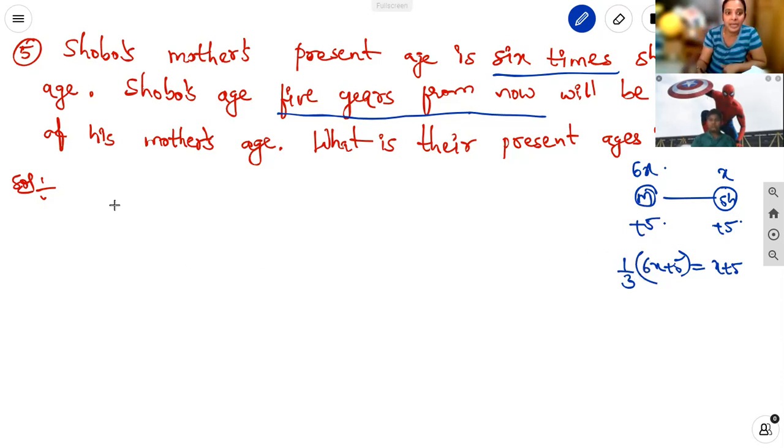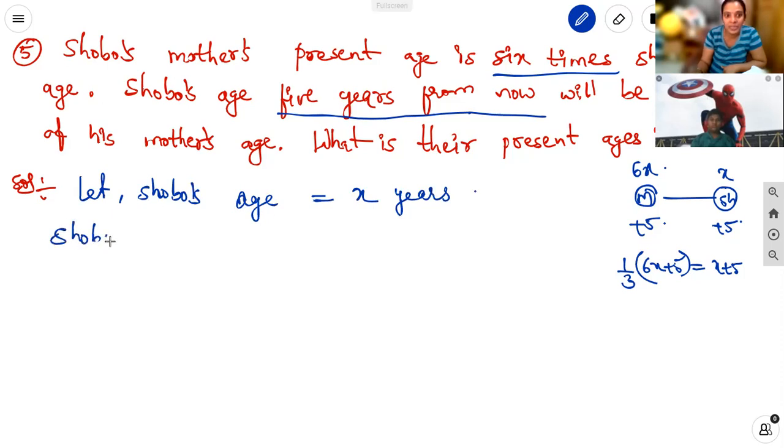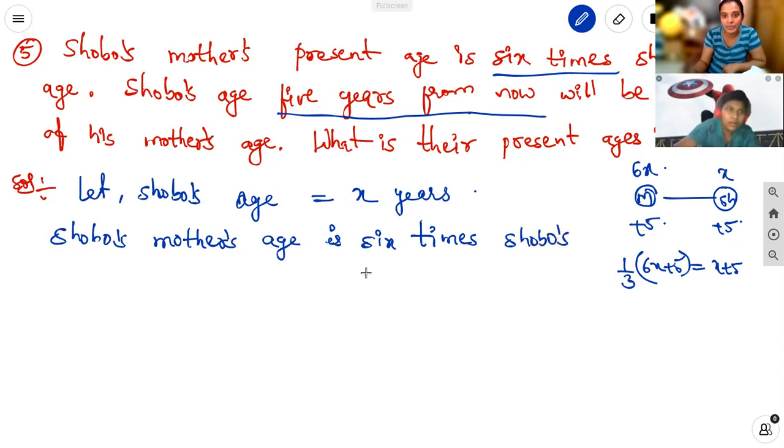Okay, here let Shobo's age be x years. Shobo's mother's age is 6 times Shobo's present age.